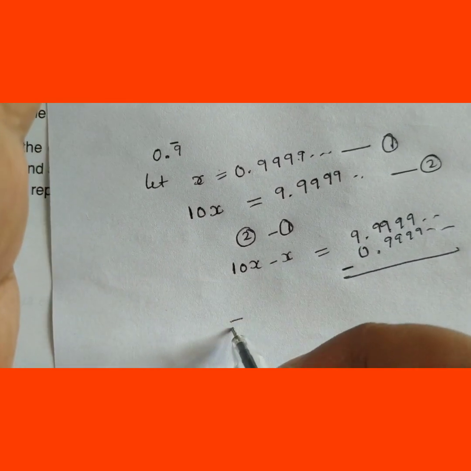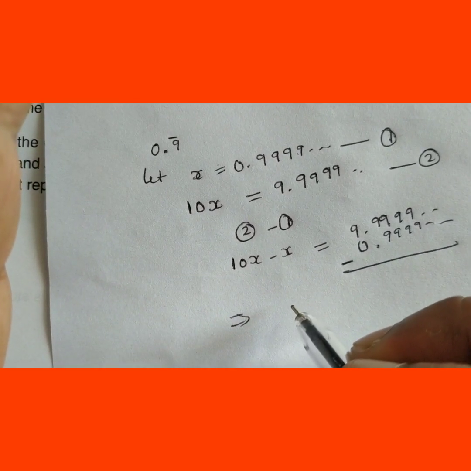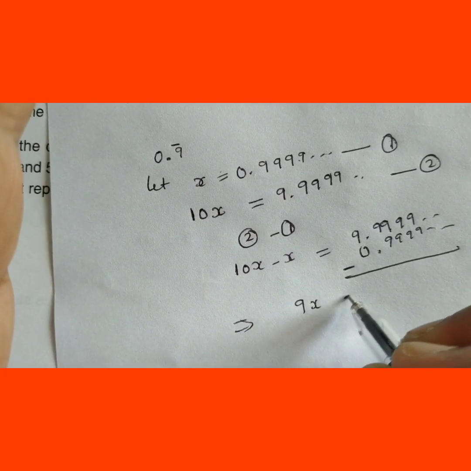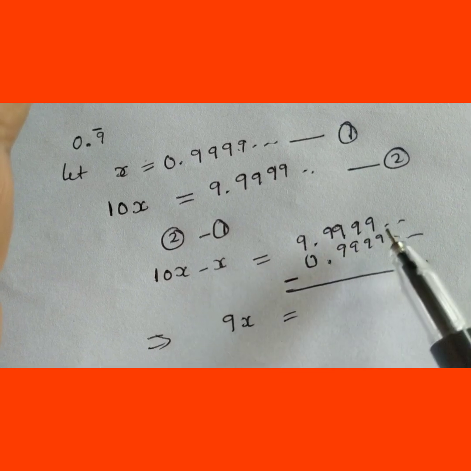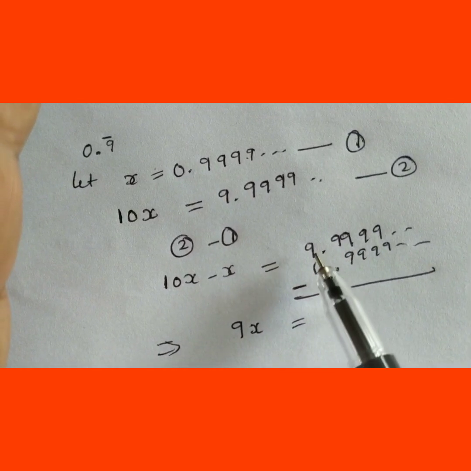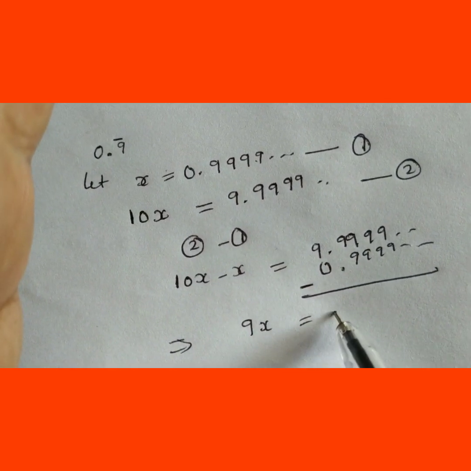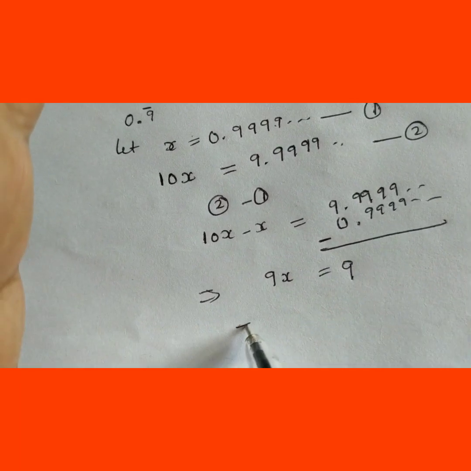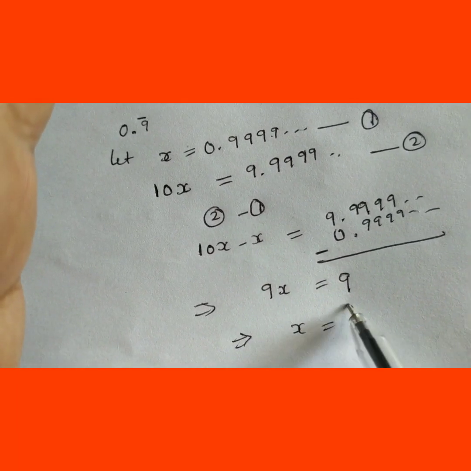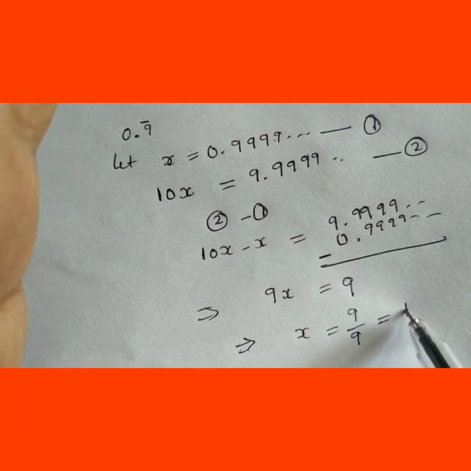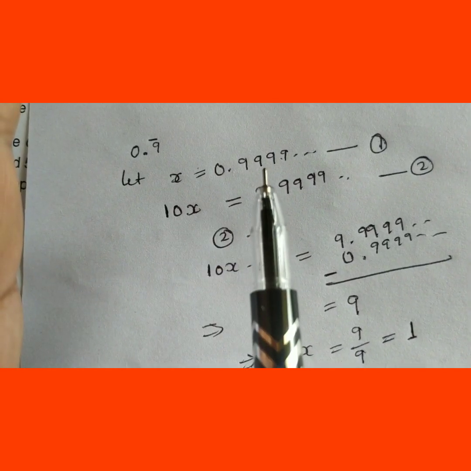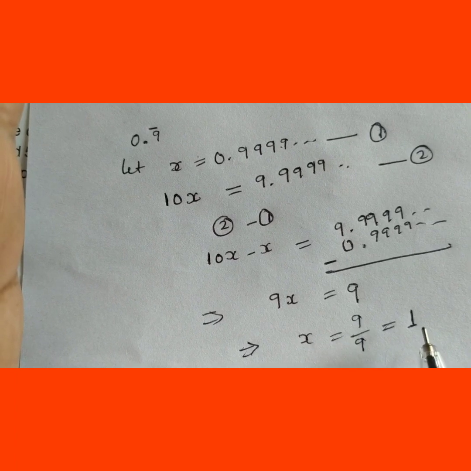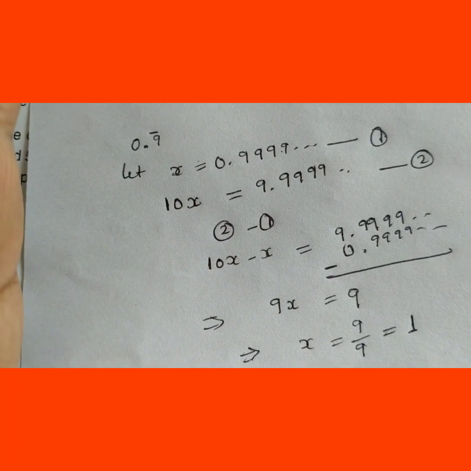Now 10x minus x is 9x, and here you can see that all the decimal parts will cancel each other. You will have only 9 left. So x is equal to 9/9 is equal to 1, and we have assumed that x is equal to 0.9 bar and x is equal to 1. So 1 is equal to 0.9 bar.